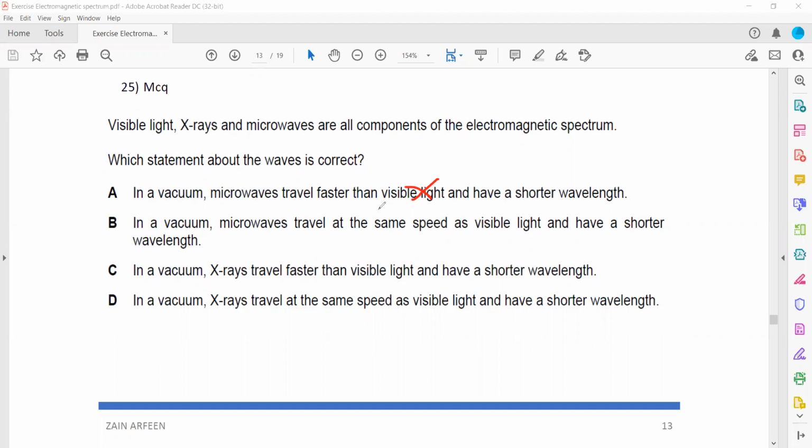That is wrong because micro wavelength is longer. So in vacuum, X-ray travels faster. That is also wrong. Or in vacuum, all travel with the same speed. In vacuum, X-ray travels at the same speed as visible, and X-ray has a shorter wavelength. That's true. Shorter wavelength or a higher frequency. So that's why D is the right answer.